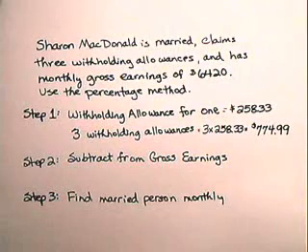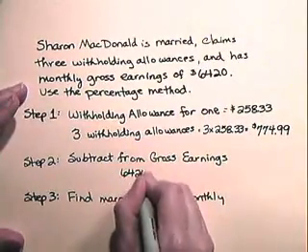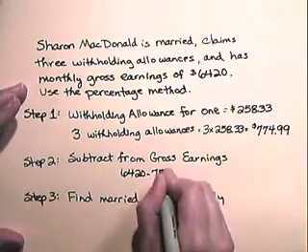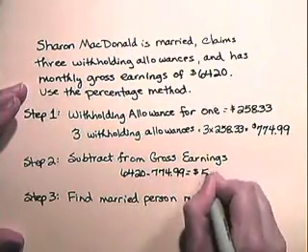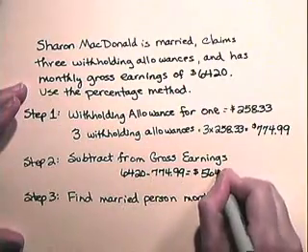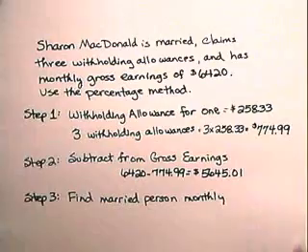We subtract the $774.99 from her gross earnings. So we have $6,420 subtract $774.99, which gives us $5,645.01. Now we go to the percentage method table.